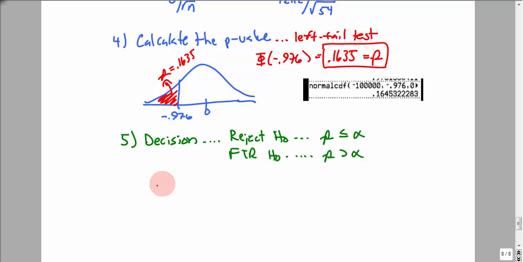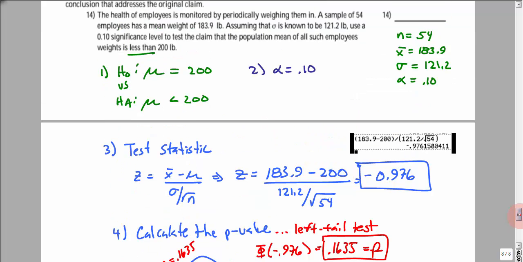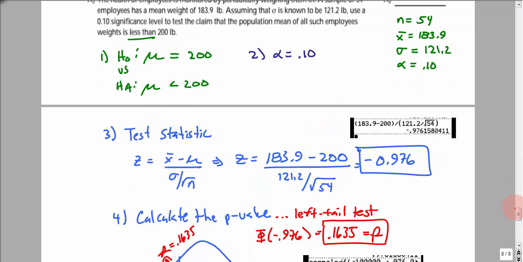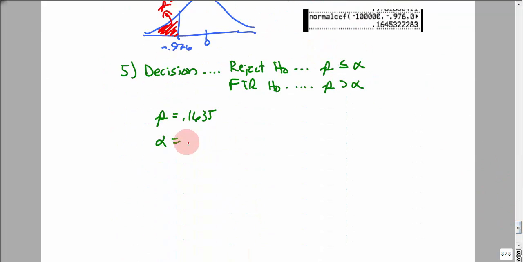Well, let's recall our p-value is 0.1635, and the alpha they gave me, let's go check that out, is up here at 0.10. So we have P greater than alpha. 0.1635 is greater than 0.10. So our conclusion here then would be to fail to reject H0.